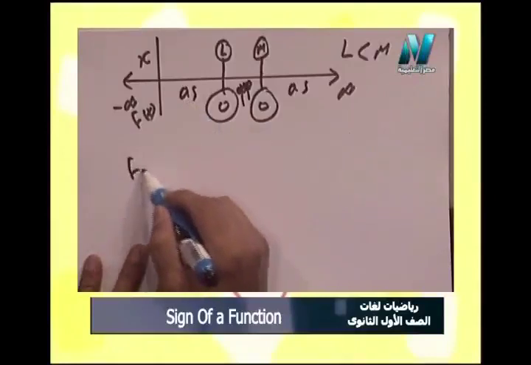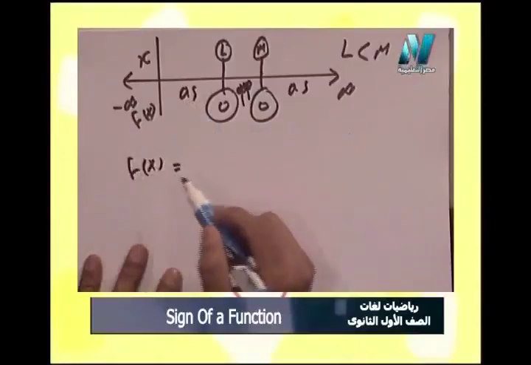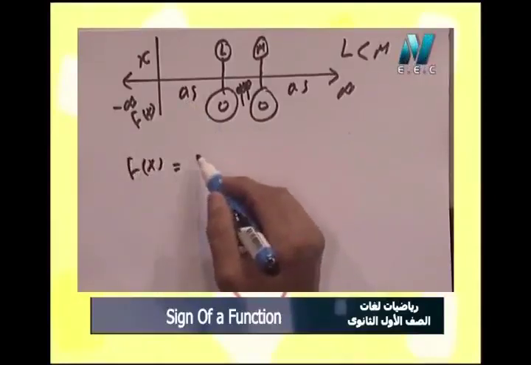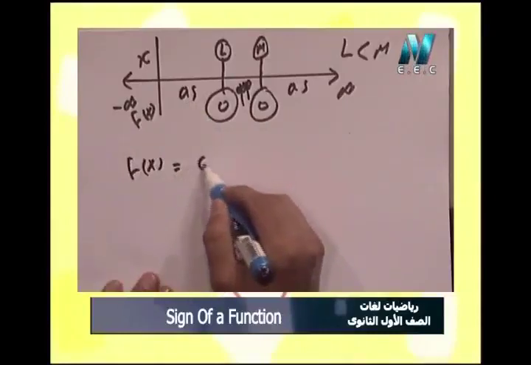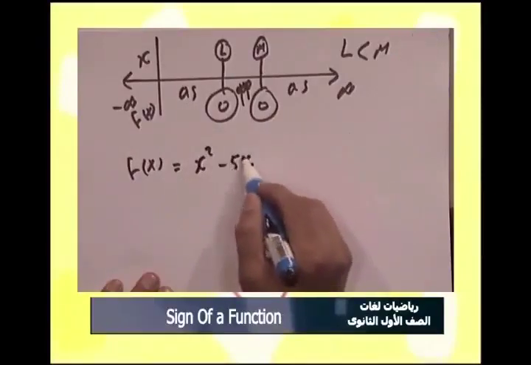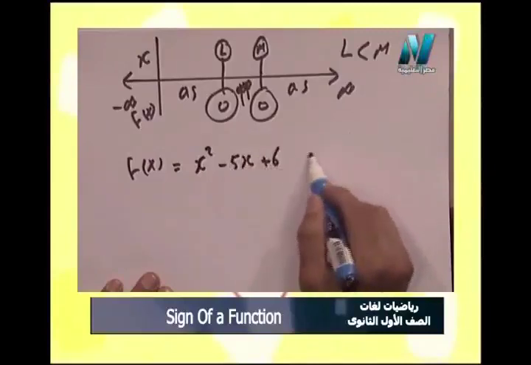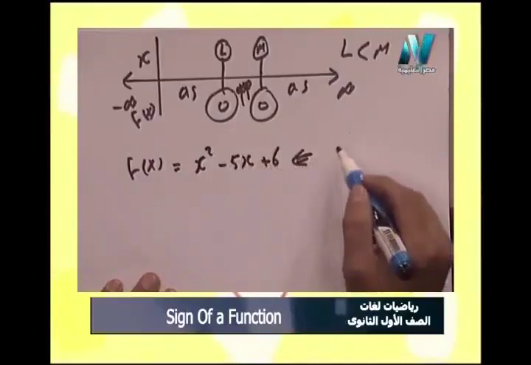So this function, which we discussed before, x power 2 minus 5x plus 6, has two roots, which are 2 and 3.